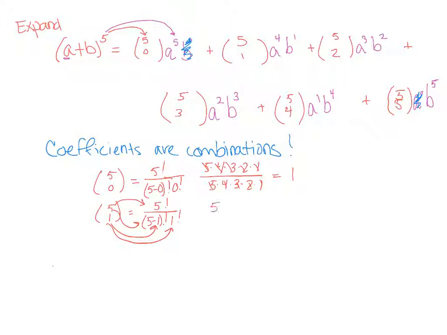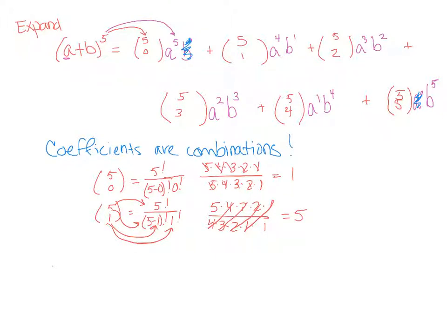So 5 factorial is 5 times 4 times 3 times 2 times 1 over, well, 5 minus 1 factorial is 4 factorial, so it's 4 times 3 times 2 times 1 times the other 1 factorial. And then we can just cancel everything that's the same on top. And so this is 5 over 1, which is 5.